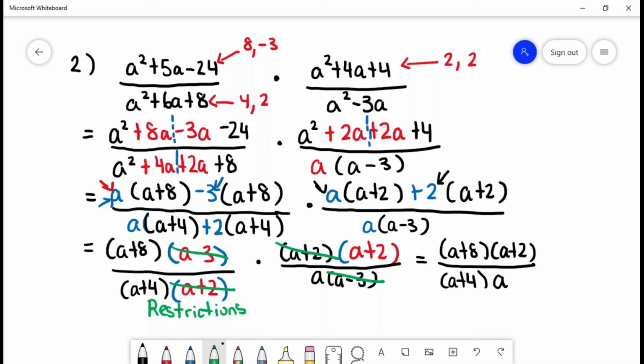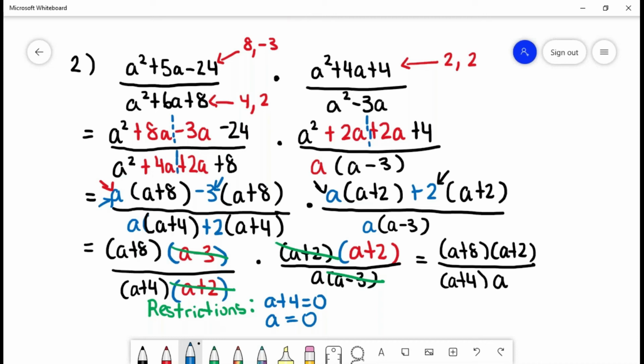What we have here is a plus 4, multiplied by a. So I'm going to say that a plus 4 equals 0, and a, which is the term multiplying with that a plus 4, is equal to 0.